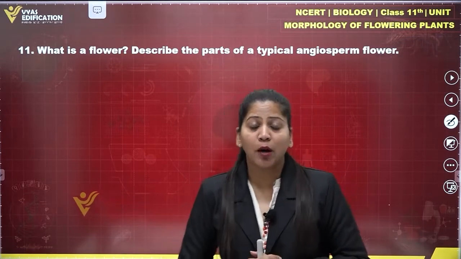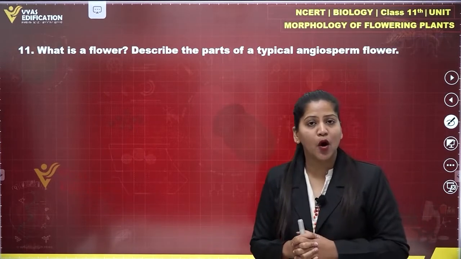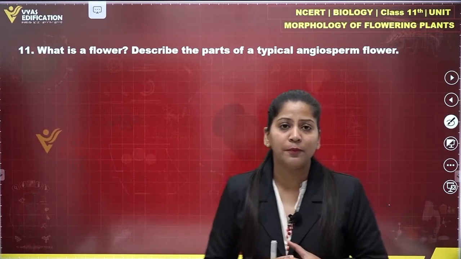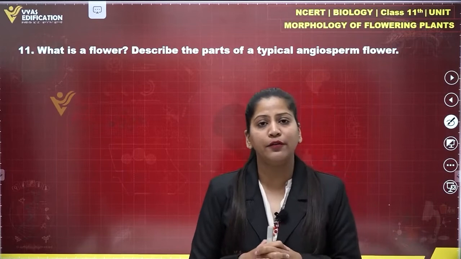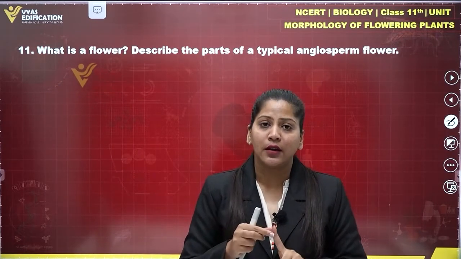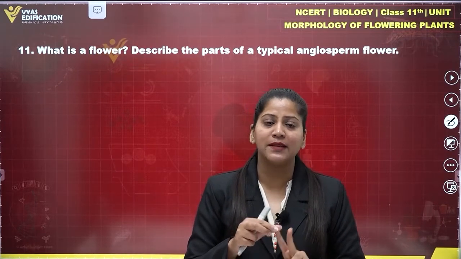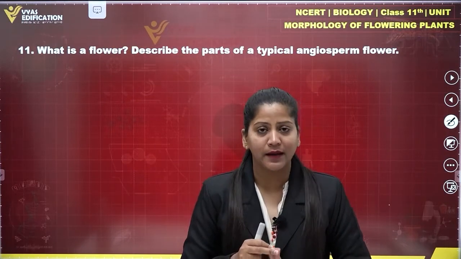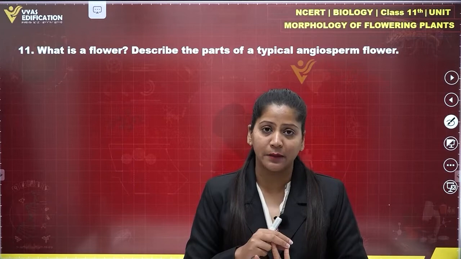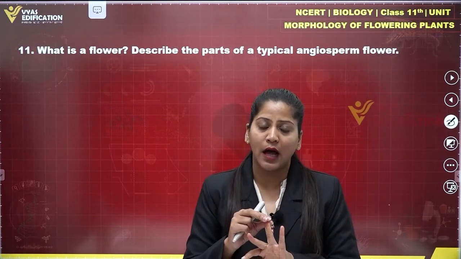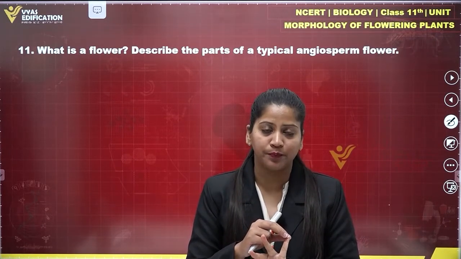If we talk about the typical parts of any angiospermic flower, then there are 4 basic parts of a flower: calyx, corolla, that means sepals and petals, along with gynoecium and androecium, that means pistil or carpel and stamen.